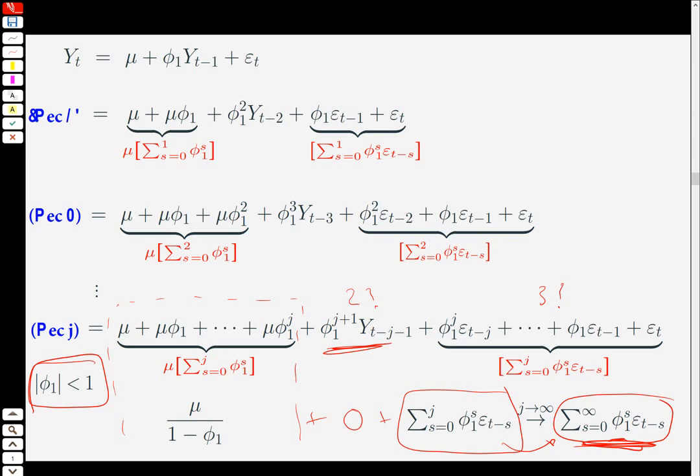Okay. So because when phi 1 is less than 1 in absolute value, this term tends towards naught as j goes to infinity. Yeah? Take for example the case where phi 1 equals a half.